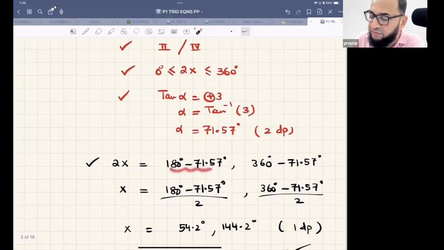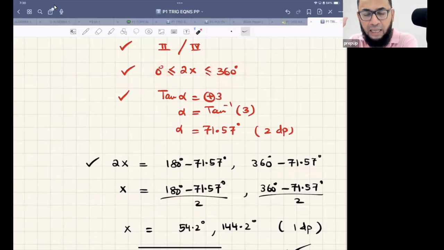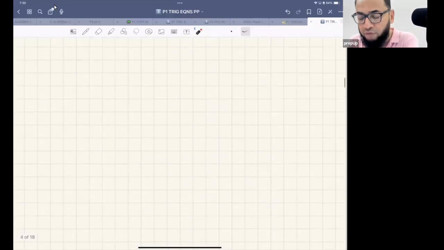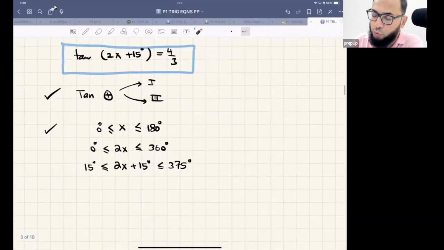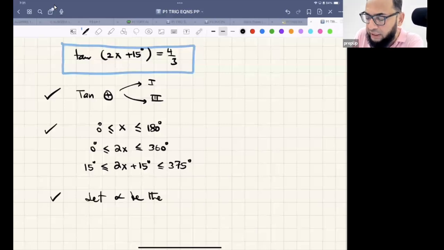180 minus 71.57 was between 0 and 360. This was also between 0 and 360. But if such an instance occurs, we would cancel and look for an alternate. So over here, we have reached this stage. Now the next one, let alpha be the basic angle. What is the definition of the basic angle?